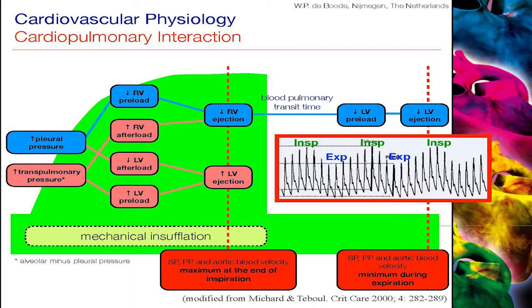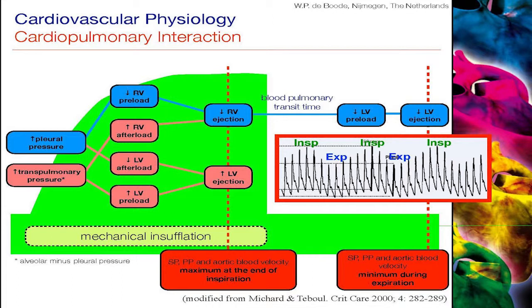The higher pleural pressure will decrease right ventricular preload because of a decreased venous return. There's an increase in right ventricular afterload, and that both will result in a decrease in right ventricular ejection. And after the pulmonary transit time, it will decrease left ventricle preload and left ventricle stroke volume.